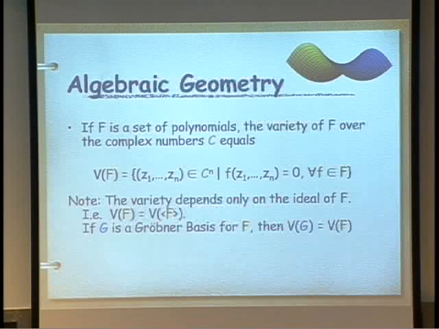If F is a set of polynomials, then its zero set or variety is the set of all vectors (z1, ..., zn), and here I like the coordinates to be complex numbers, such that f(z1, ..., zn) is 0 for all f in F. Okay? That's it. That's the varieties. The set of all complex solutions to the given system of equations.